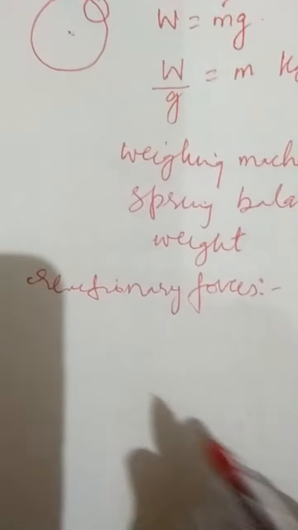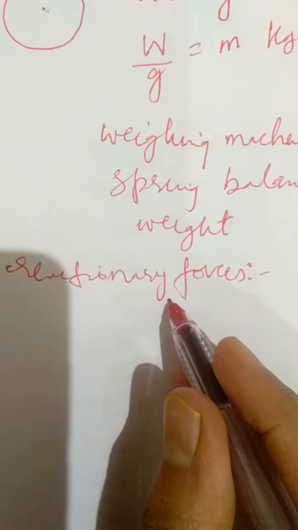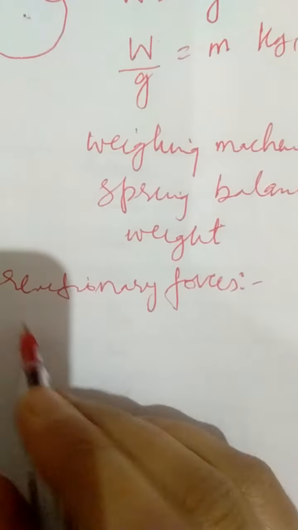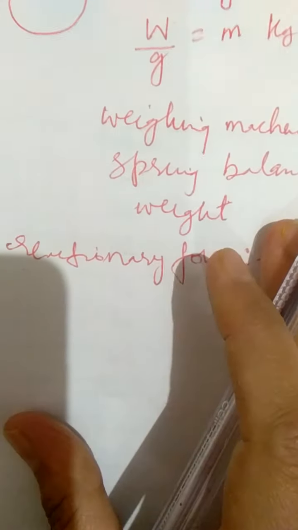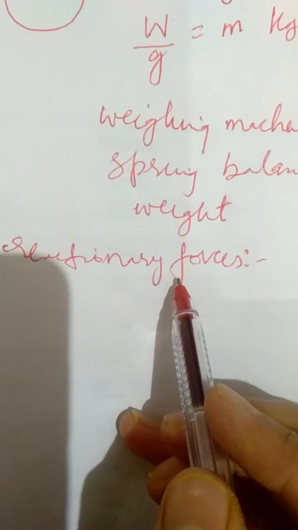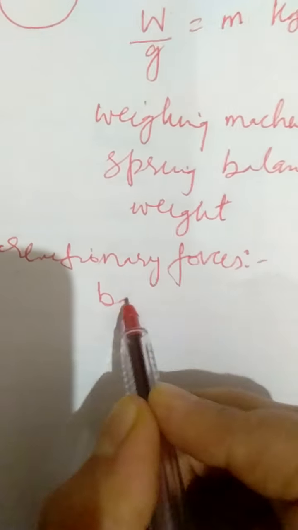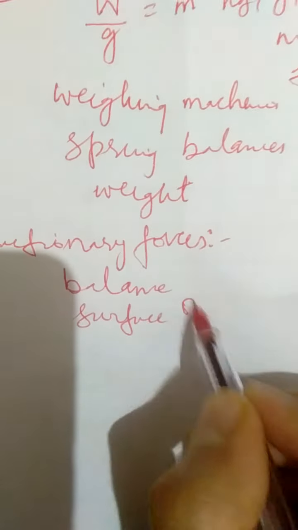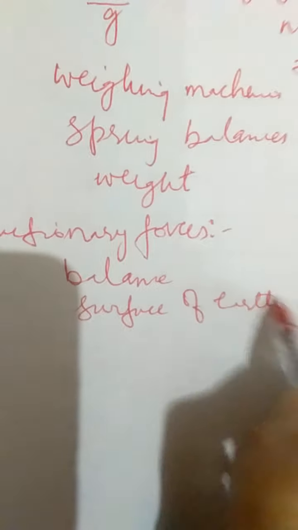Whenever we create a force, another force is spontaneously created to oppose the action of the given force, and that force is called reactionary force. It is because of those reactionary forces that we are able to balance ourselves on the surface of Earth, and we do not fall through the floor. We do not reach the center of Earth.